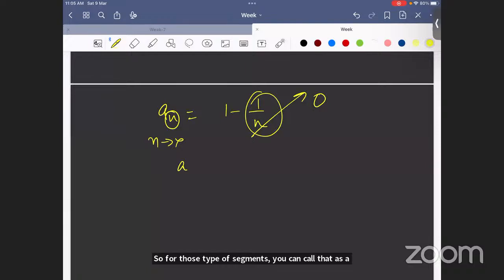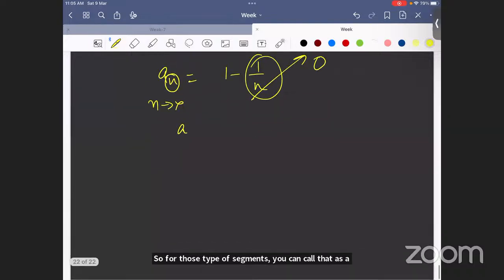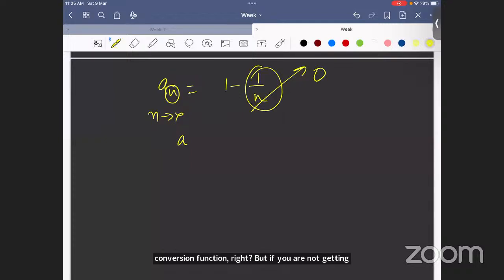But if it is not converging to some fixed value L or some fixed value a, then you call that a divergent function. A divergent function can be like (-1)^n.